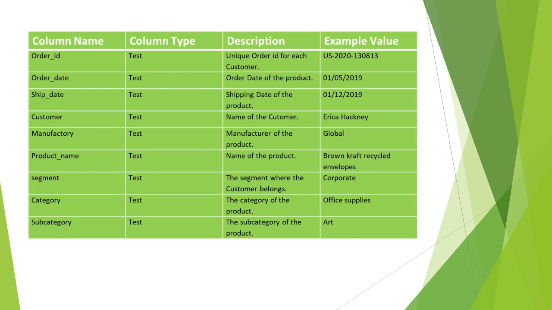Order date and ship date have the text data type, which is not right. The right column type for order date and ship date is the date data type, not text. So I removed duplicate names and their data types. Description, all column names, all descriptions are around here, and example values.